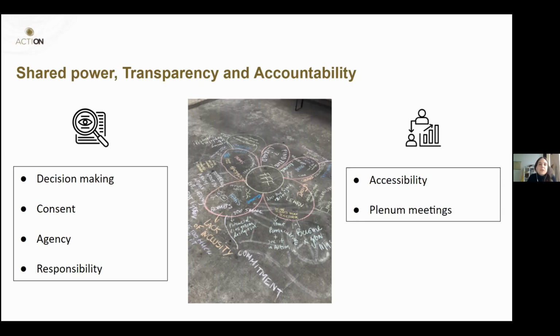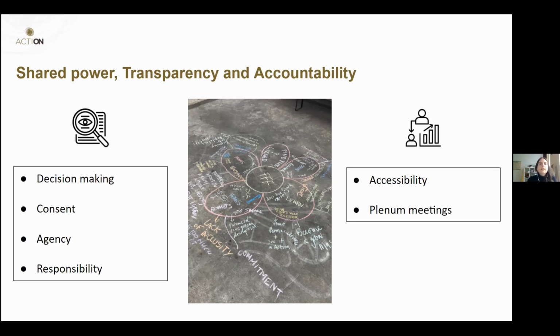So we ensure transparency by keeping all the working material, all the protocols for our meetings, for example, and all the communication accessible to the entire community. So everyone must be able to know what happens within the circle, even from outside the circle.